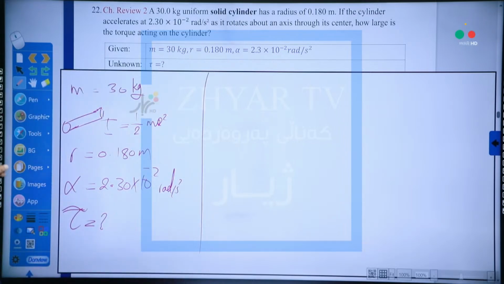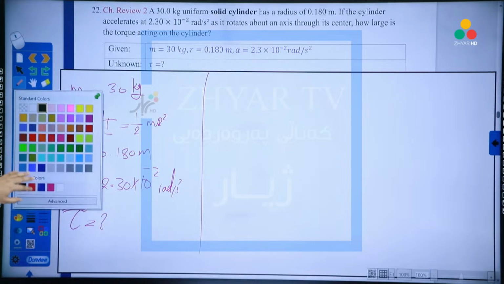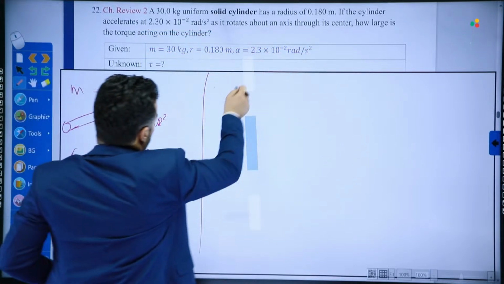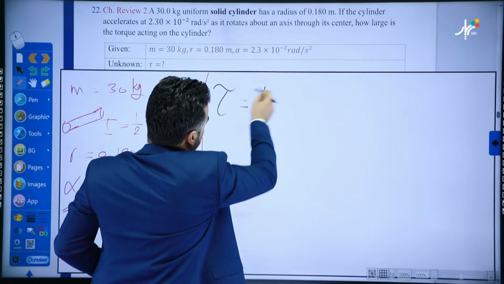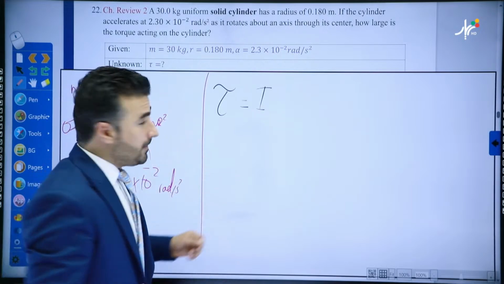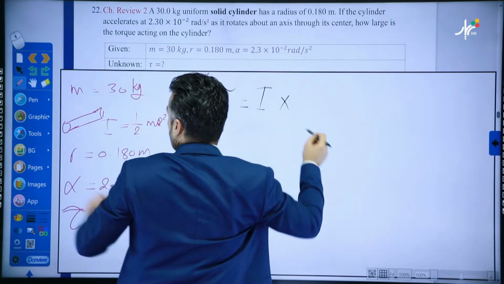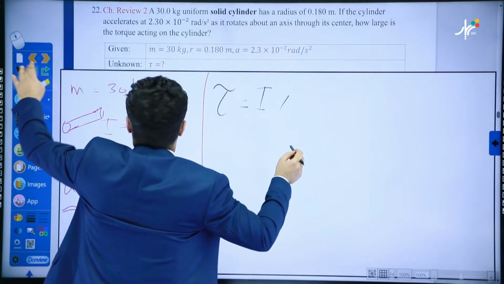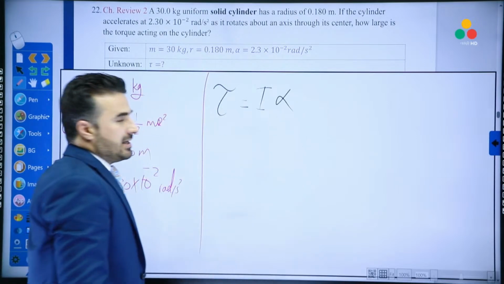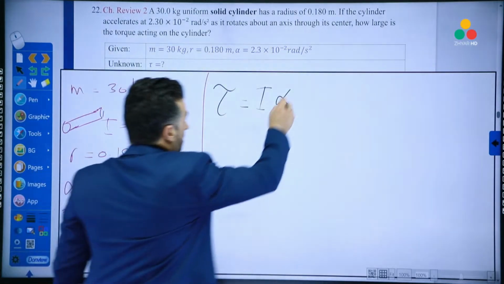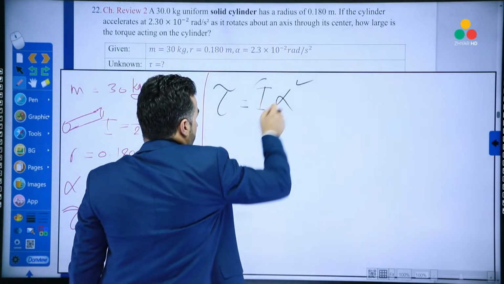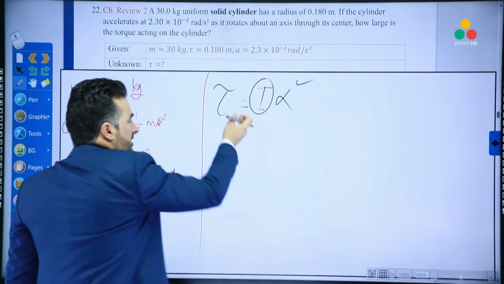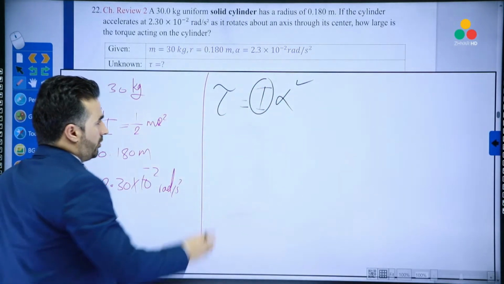So to find the torque, we can say torque equals moment of inertia multiplied by the angular acceleration, correct? You do have the angular acceleration, so all you have to do is find the moment of inertia, then multiply these two together, and you'll find the torque on the solid cylinder.